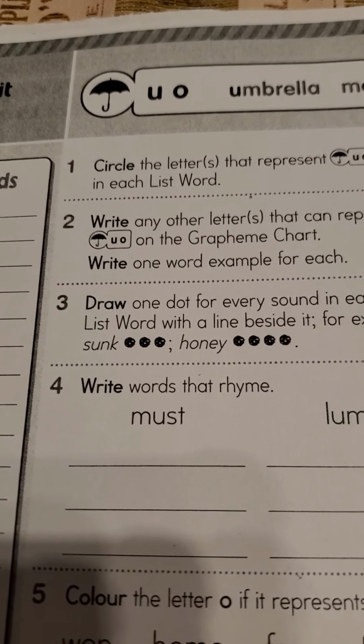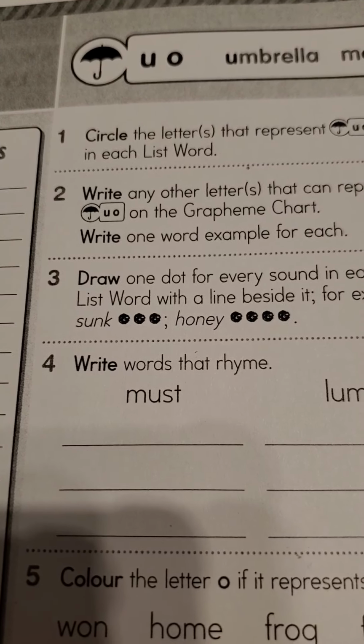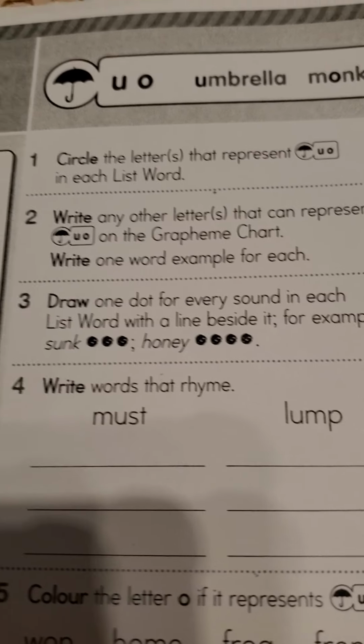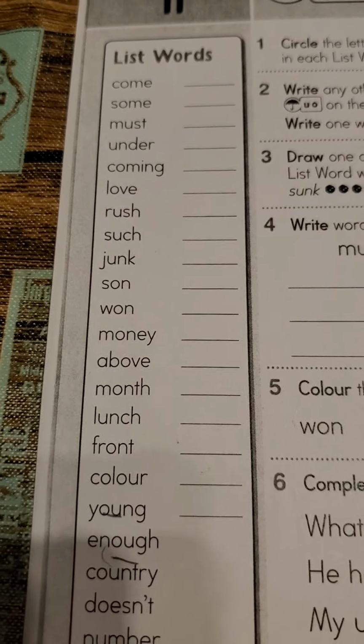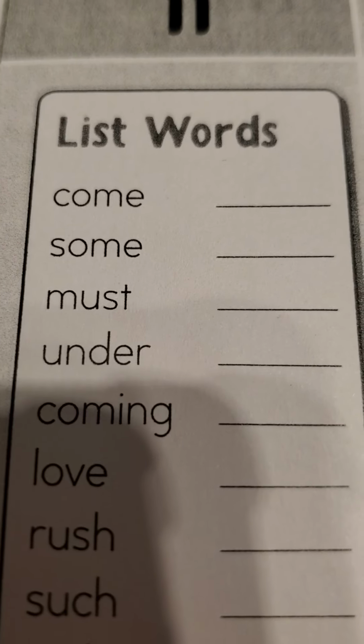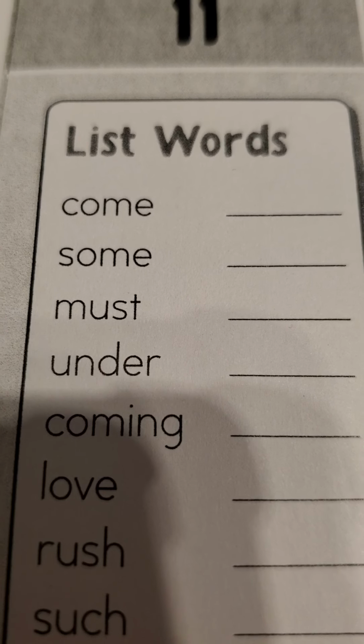Question 3 then asks you to do the dots again, to draw 1 dot for every sound in each list word, each word that has a line beside it. So listen carefully as I read out the words and you can draw a dot for each sound you hear.